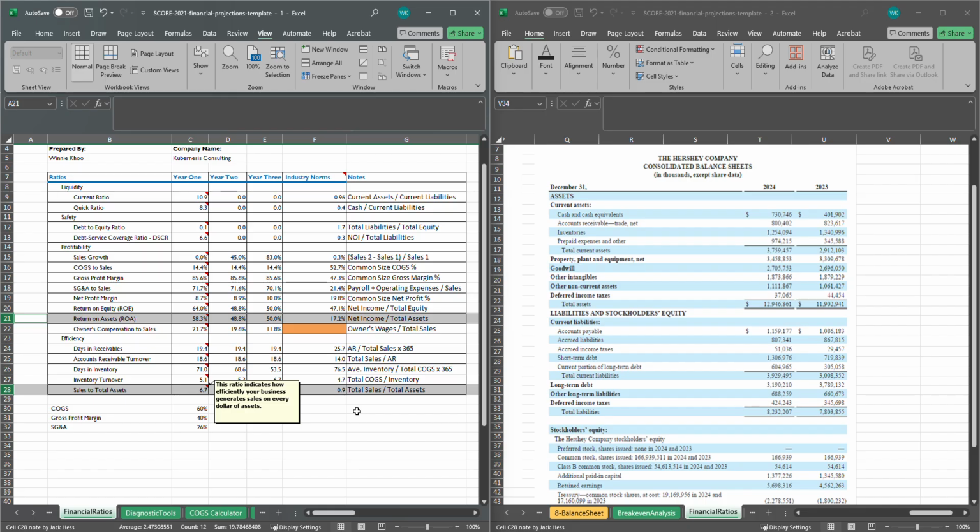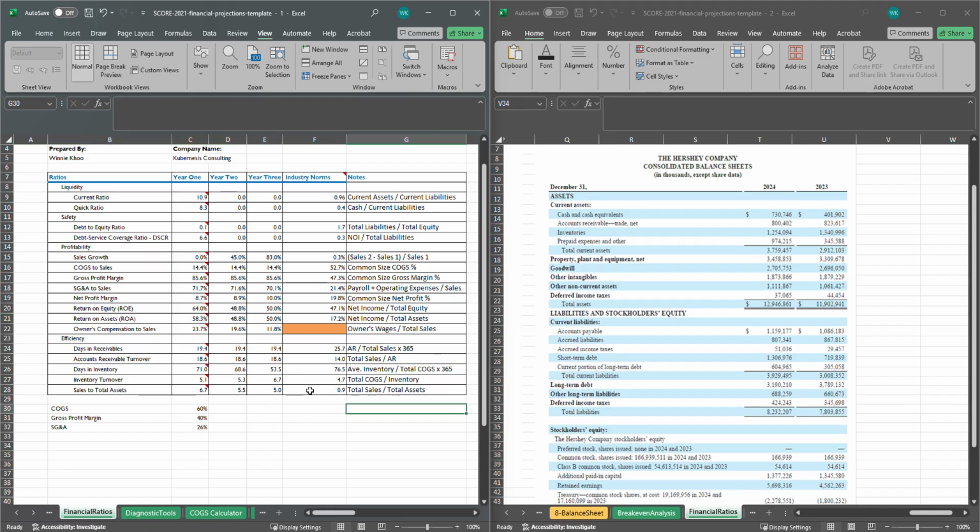Obviously, they have a much lower sales to total assets because there's so much investment in all of these other assets. So although my candy bar business is much smaller than Hershey's, I can use these ratios to see how I compare against another company, how I stack up. And again, I can use some of these as goals for my business.